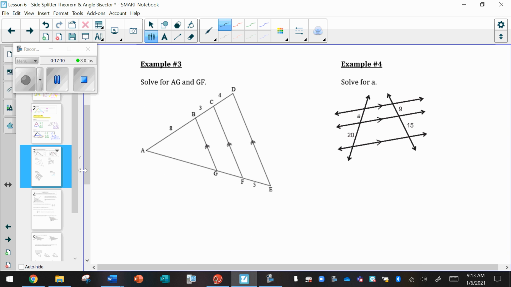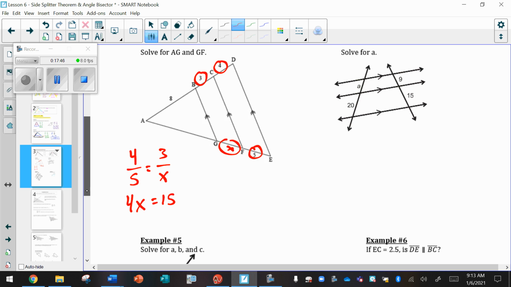So when I look at a diagram like this, for example 3 here, I can take the 4 and the 5, use that as one ratio, and then help me find GF by setting up a second ratio that is equal. As long as these segments are parallel, this is going to work. So I get cross multiplying here, and I get 4x equals 15, and then when I divide, I get 3.75 for GF.